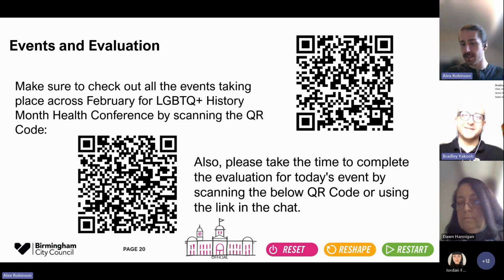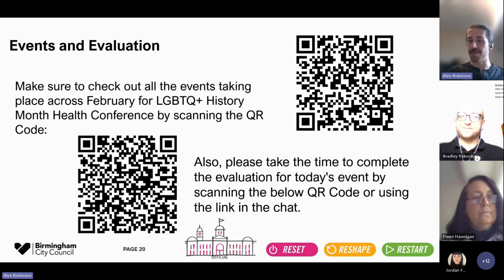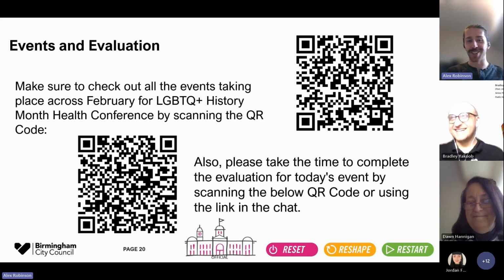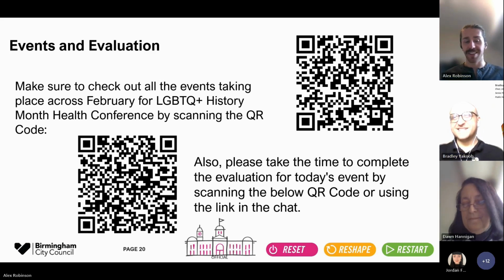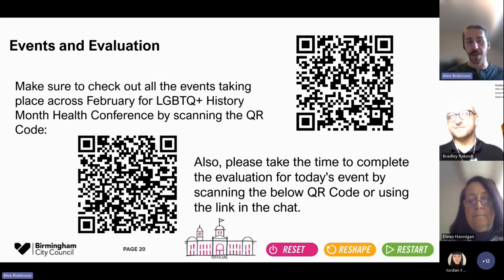Please do go along to both of those, because I skimmed over the health inequalities quite a lot, but they will go into a lot more detail about bisexual and gay men's inequalities and the work that we're doing around that as well.